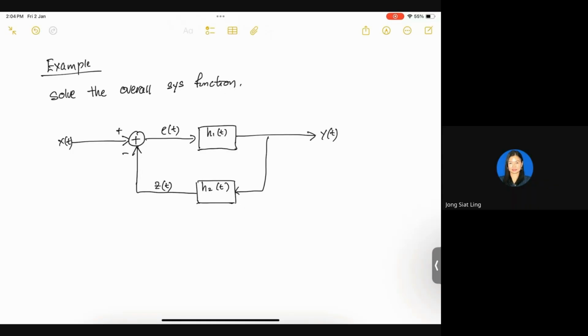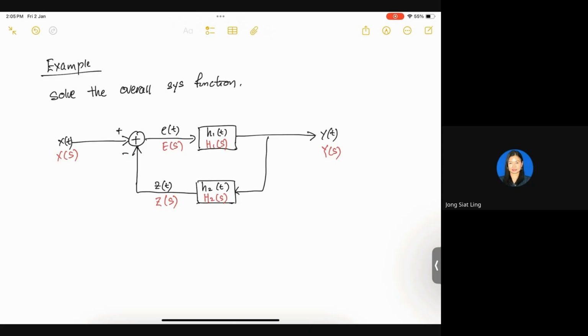Okay, now let's look at the example here. Solve the overall system function. So before this, we need to change the x(t) in time domain to the s domain. X(s), e(t) change to E(s), z(t) change to Z(s), h2(t) change to H2(s), h1(t) change to H1(s), whereas the y(t) change to Y(s). Okay, now we look at one by one. What are the relationships between the input and output?